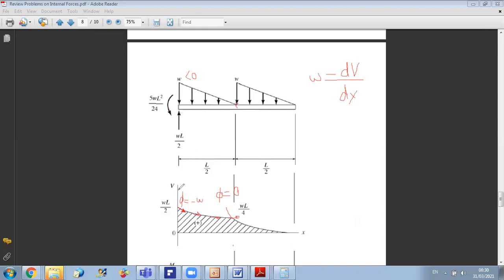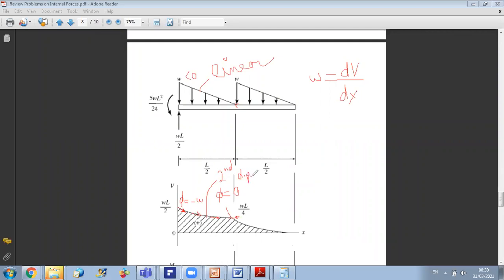V is a second degree parabola because omega is linear.